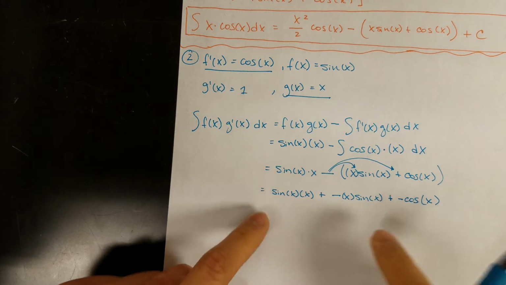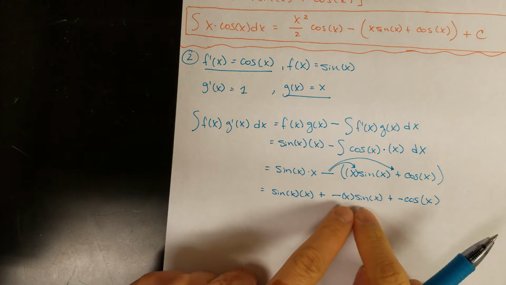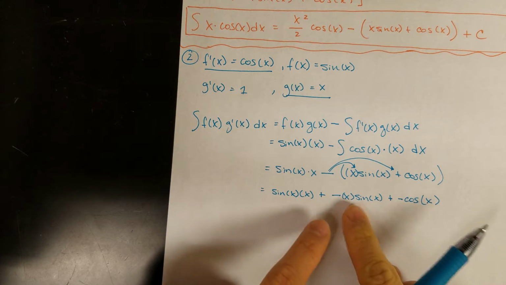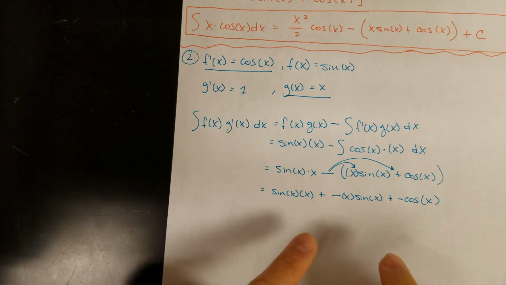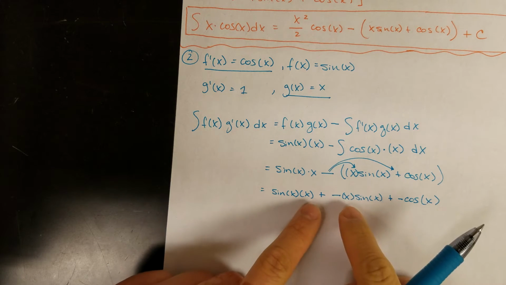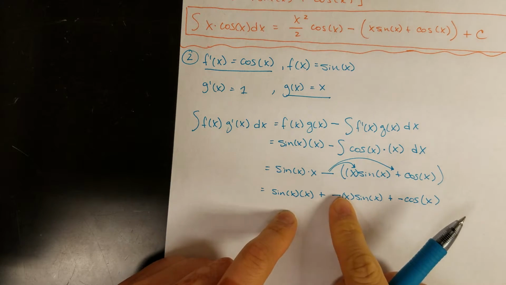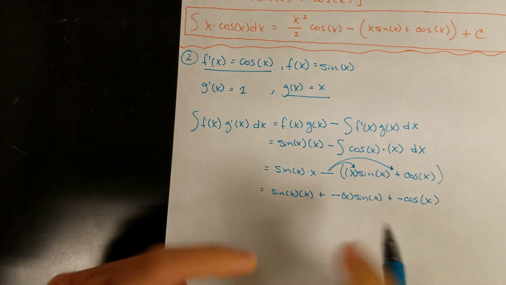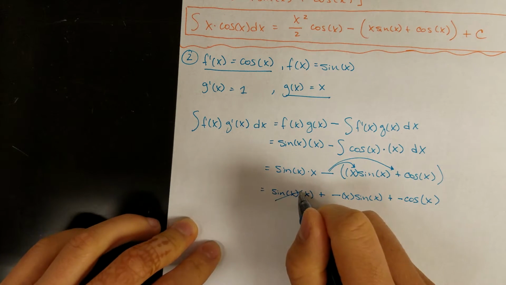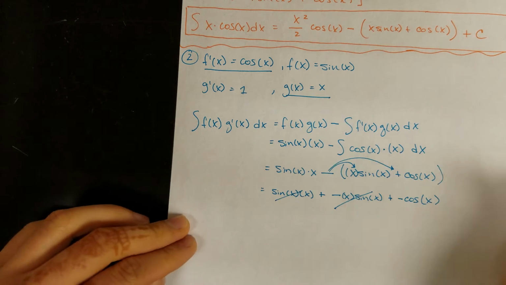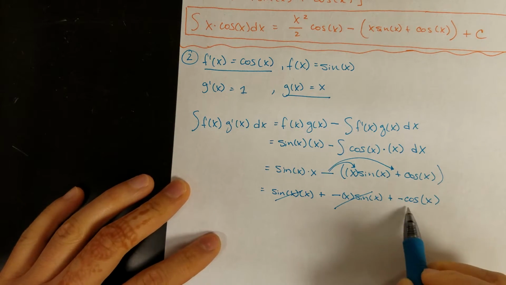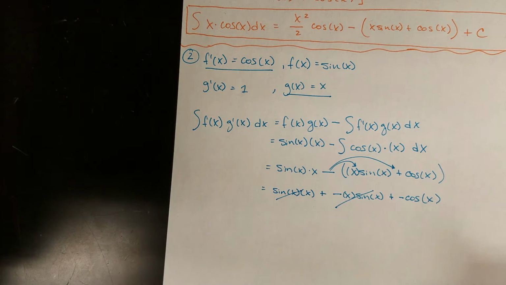And then, if you notice, this one's a little twisted around, but it is the same thing as this one, because you have an x times sine of x, and this one is a minus, and since we're adding them, these two can cancel out, because 1 plus negative 1 is equal to 0. So then all you're left with is this, negative cosine of x.